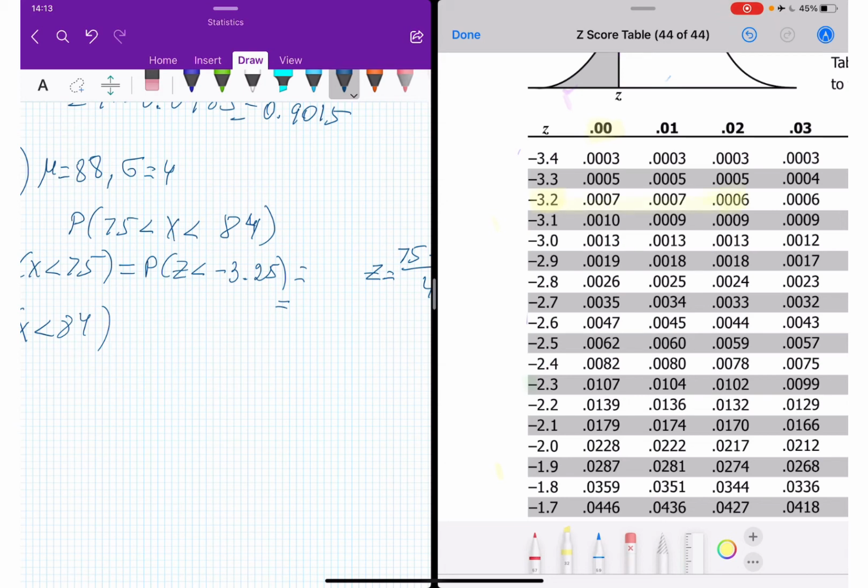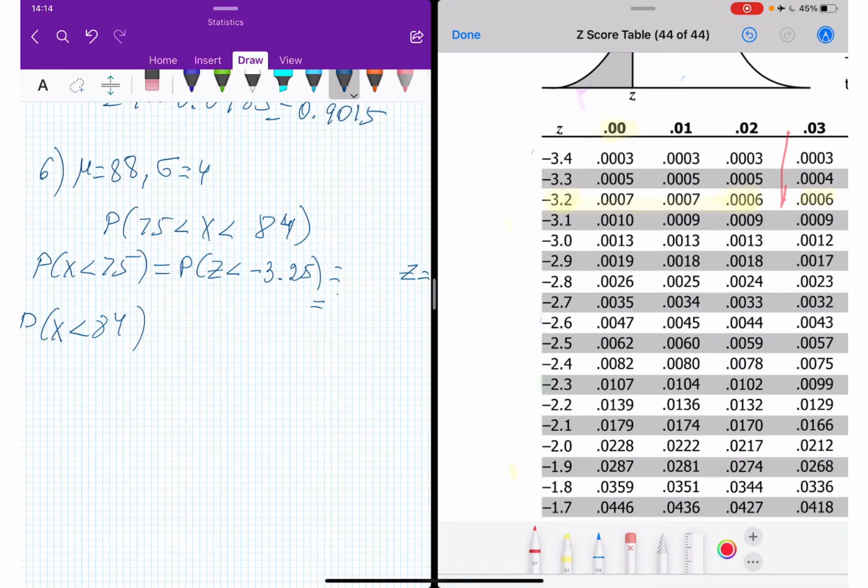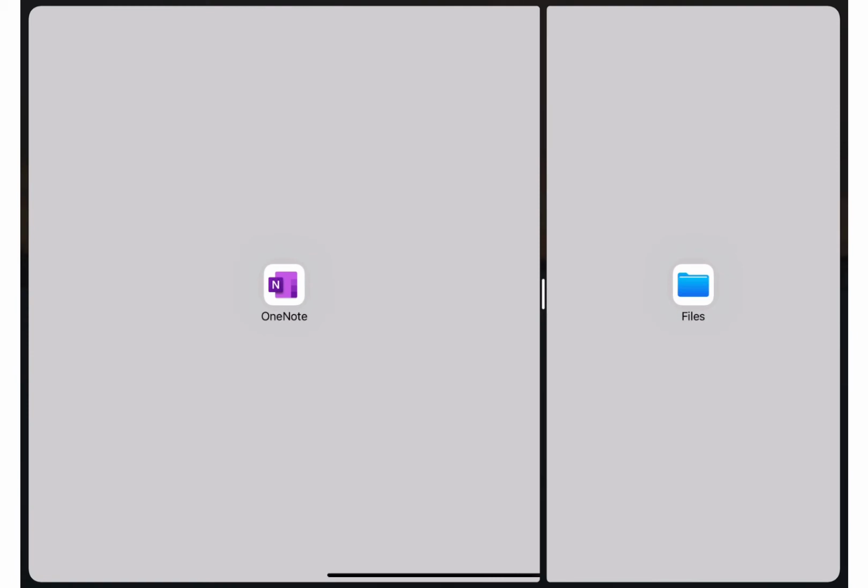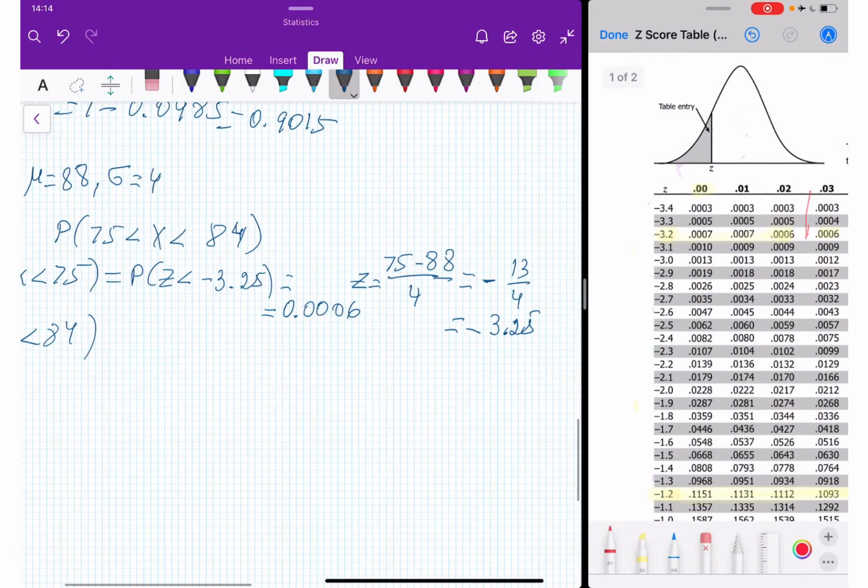This is 2, this is 3. So it's gonna be here in the middle. Okay, 0.0006. So, okay, the middle also gonna be 0.0006. Yes? Okay.